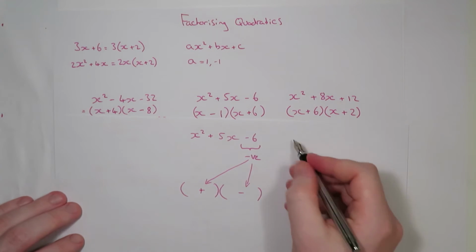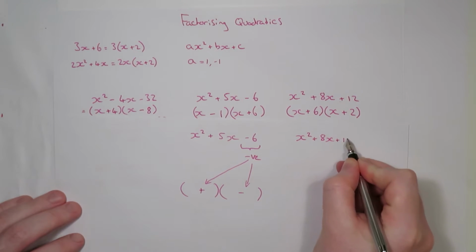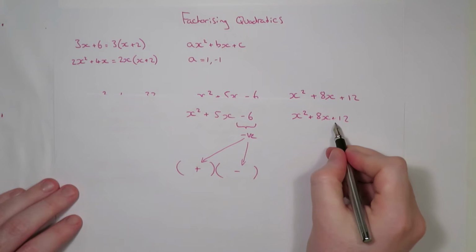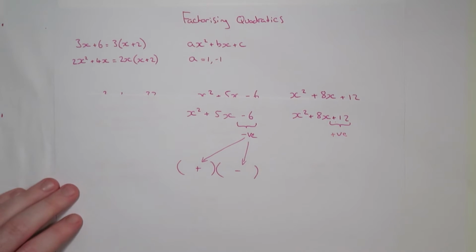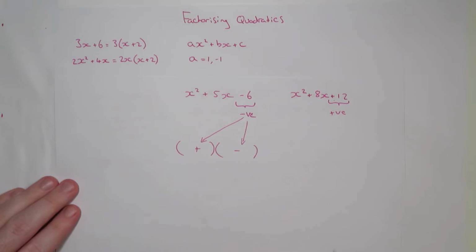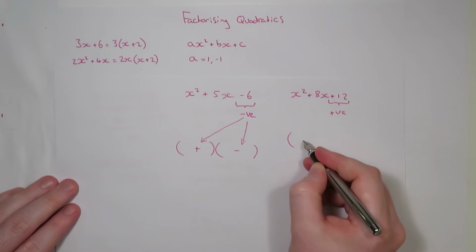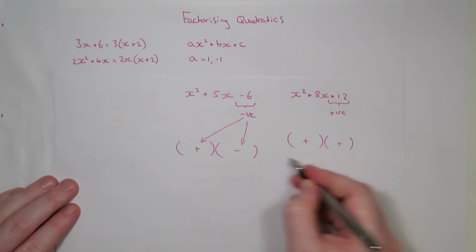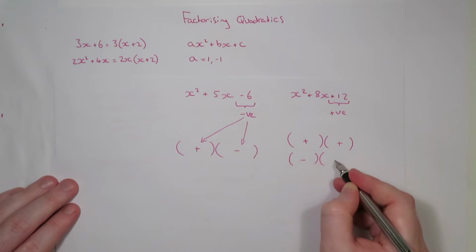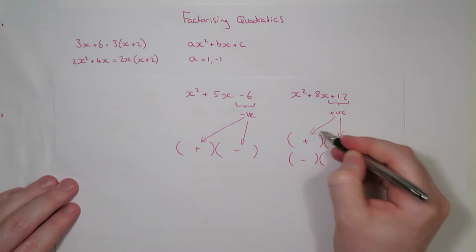If it would have been positive, as in this case, then that tells you that they are either both positive or they're both negative.